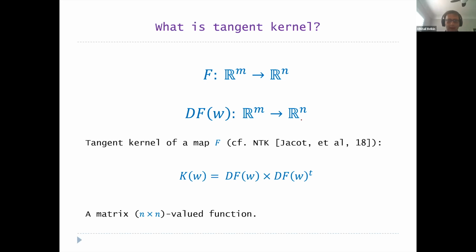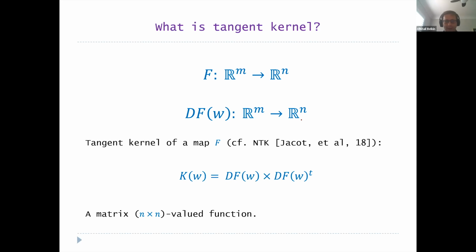It's an m by n matrix. Then the tangent kernel is simply df times df transpose, and this is an n by n matrix. So the tangent kernel is an n by n matrix-valued function, really, because you can compute the derivative times derivative transpose at every point.